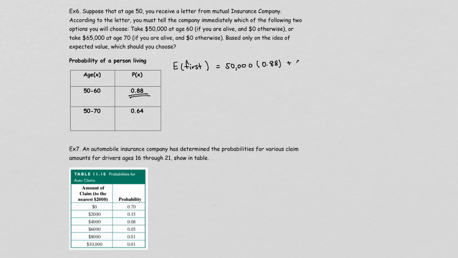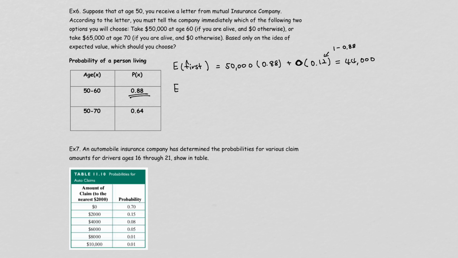Or you get zero, and your probability of not being alive is going to be 0.12. Why? Because it's 1 minus 0.88, right? And this is going to give you around 44,000.